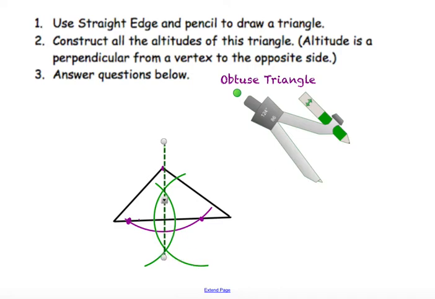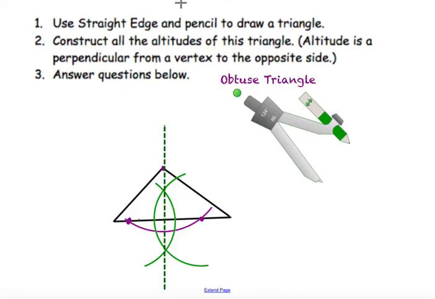Looks like, let's see, they're pretty close. It does not want to adjust at all, does it? Okay, so that'll have to be close enough. So that's going to be our altitude from that angle to the opposite side, and now we need to do that for the other sides.